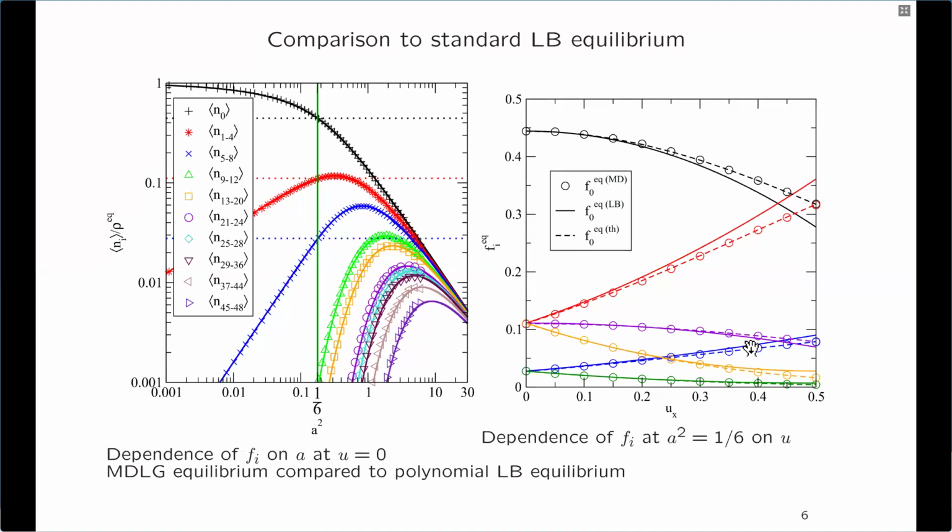Now, of course, you don't have to do it at u equals 0. You can look at what happens at other u's. That's what you see here. And compared to the standard quadratic equilibrium distribution, you see there's no difference up to a velocity of 0.1, which is, we all know, up to 0.1 is when you get good things. Now, for large velocities, they deviate.